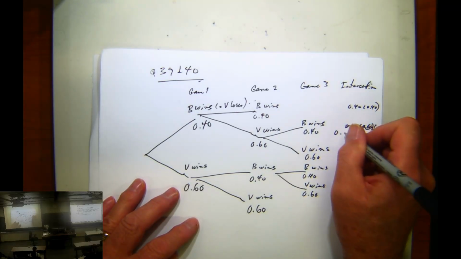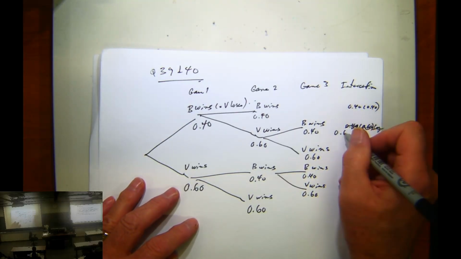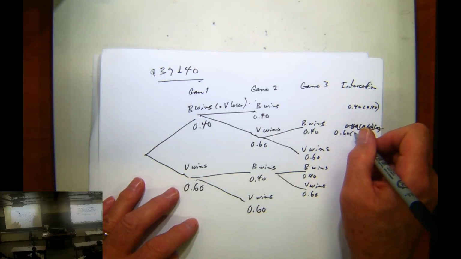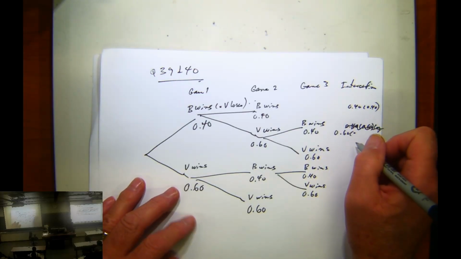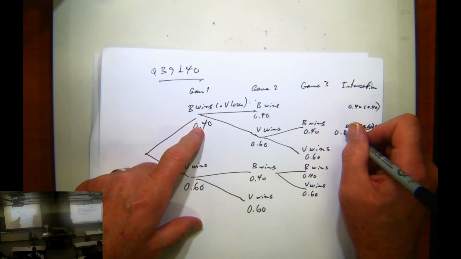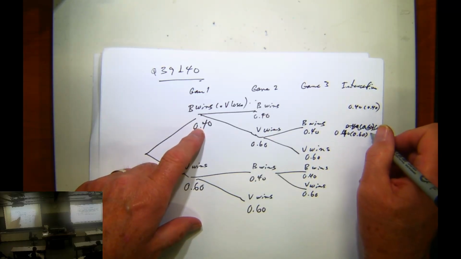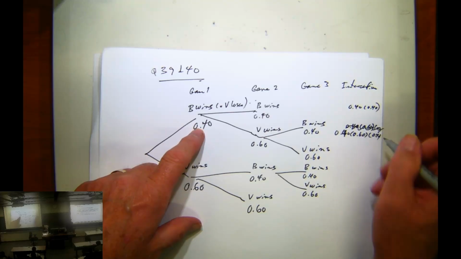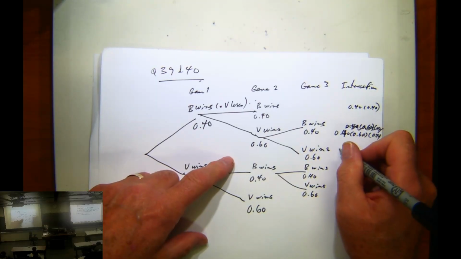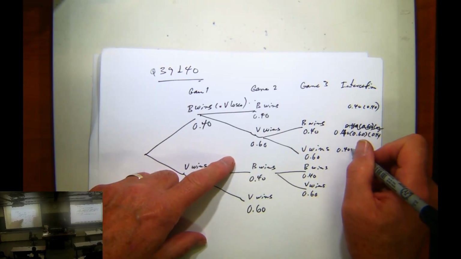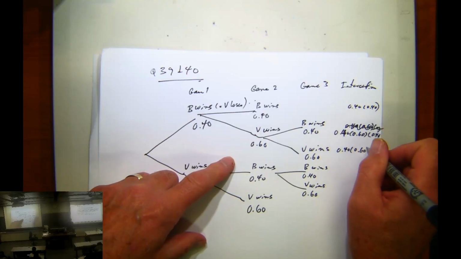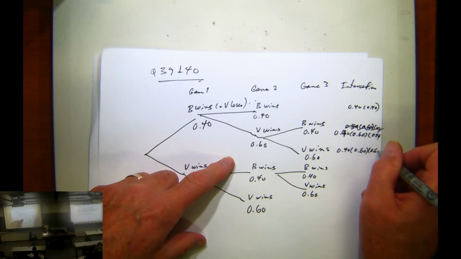Let's give it a little more space. 0.40 times 0.60 times 0.40. And this branch was 0.40 times 0.60 times 0.60.